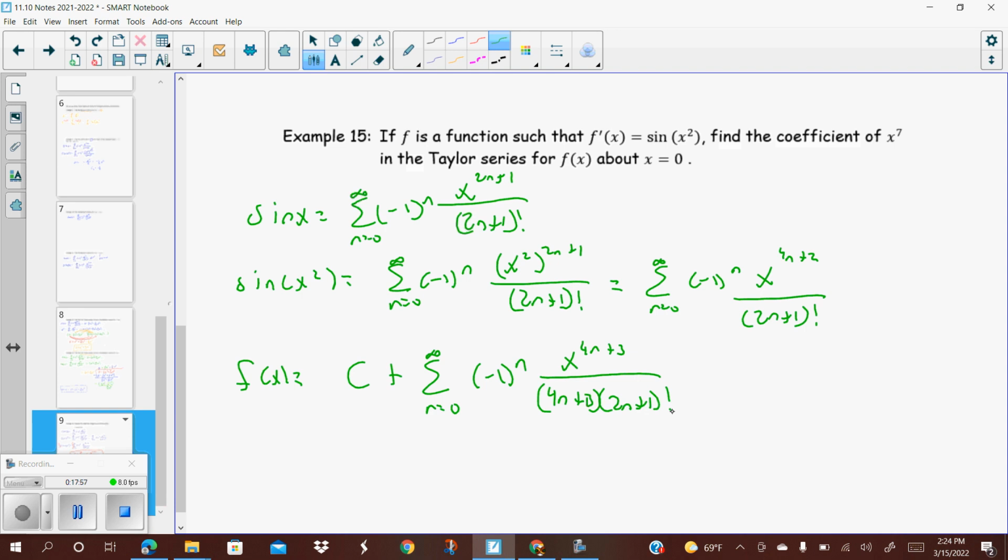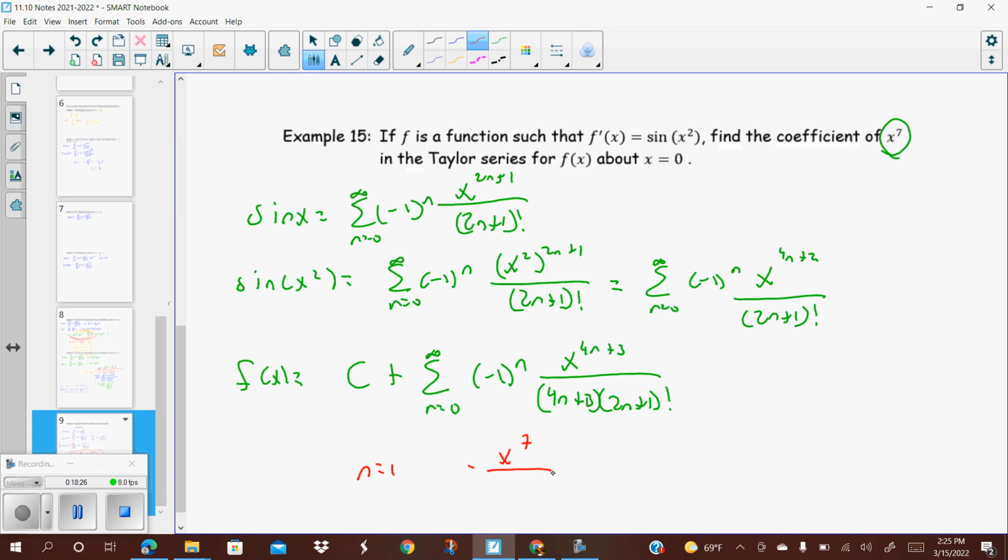We want to know, now that we have f of x, the coefficient of the x to the 7th term. So what would you have to plug into n to give me x to the 7th? Hopefully the answer to that's pretty obvious. The answer should be 1. So we're going to plug in n equals 1, and we'll find our c sub 7 coefficient. If n is 1, it's going to be a negative. We're going to have x to the 7th.